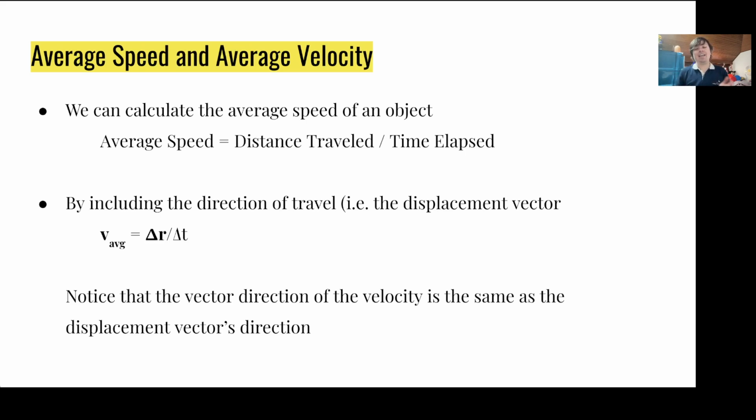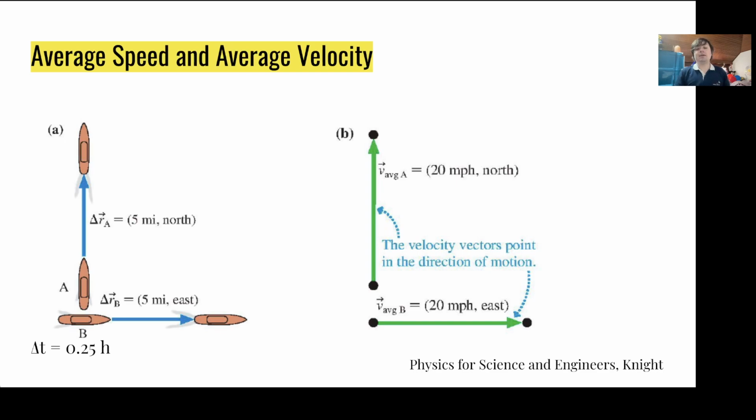So if you have a single vector on the right-hand side divided by a scalar, you end up with a vector that goes along the same direction as the original vector. Okay, so now for an example.